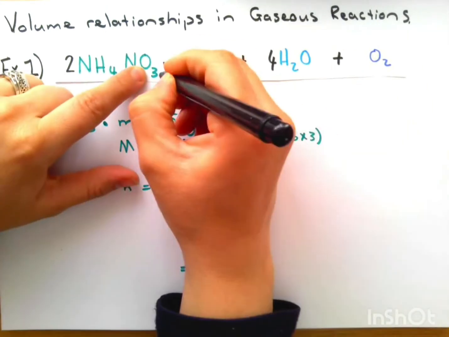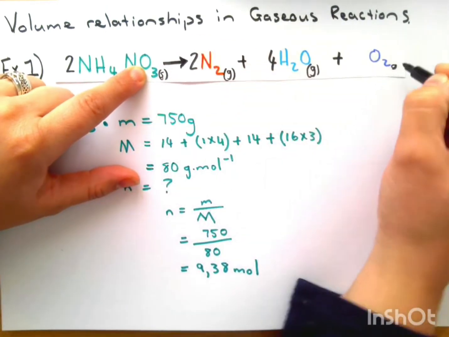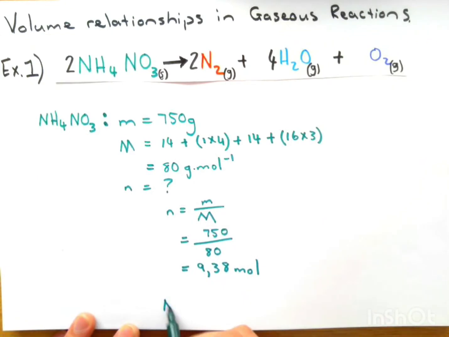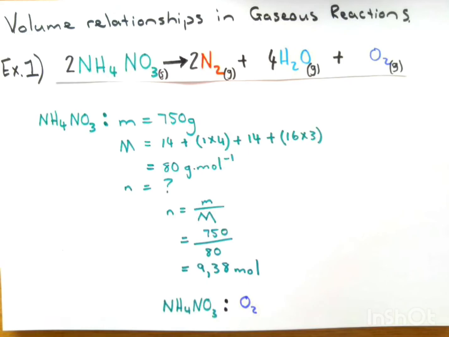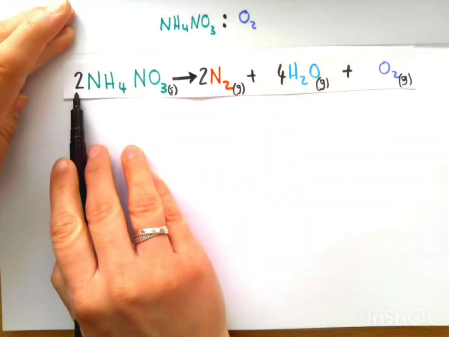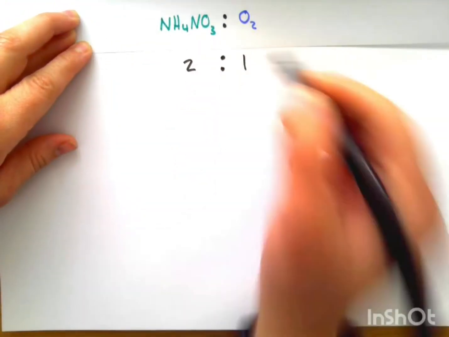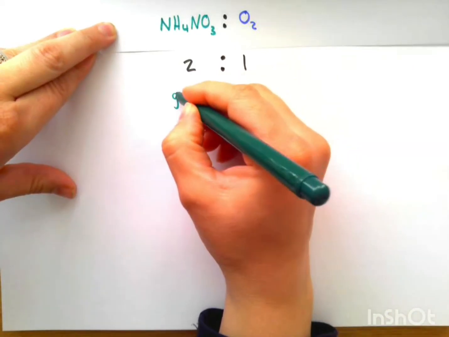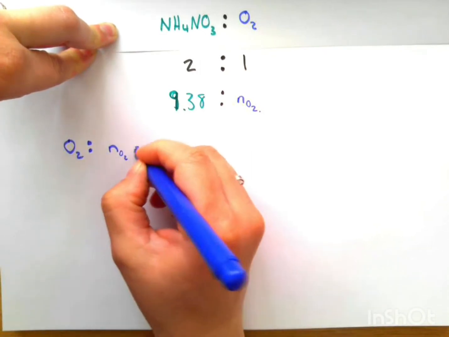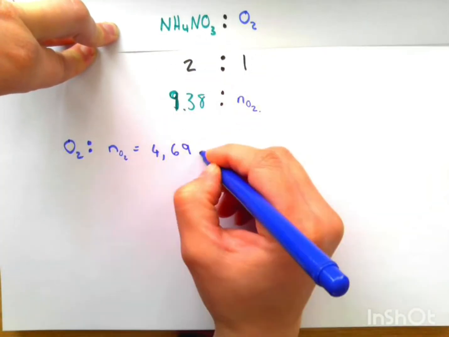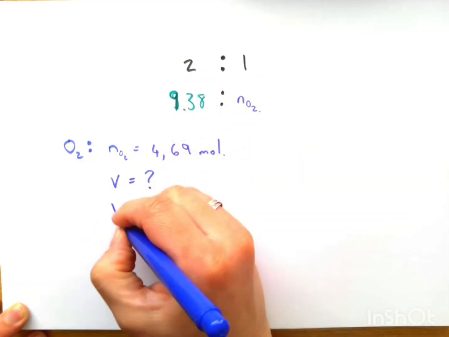Now they want us to find the volume of our oxygen gas. So if we look at the ratio of ammonium nitrate to oxygen, we'll see that it is 2 to 1. So if we have 9,38 mole of ammonium nitrate, how much mole of oxygen do we have? And that is equal to 4,69 mole.